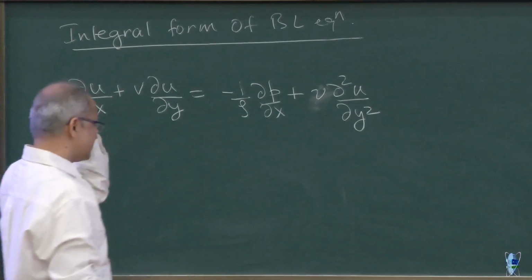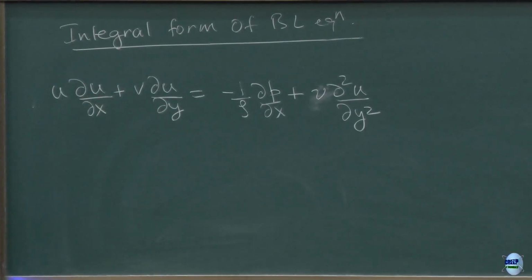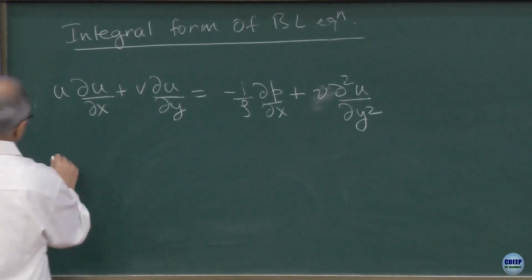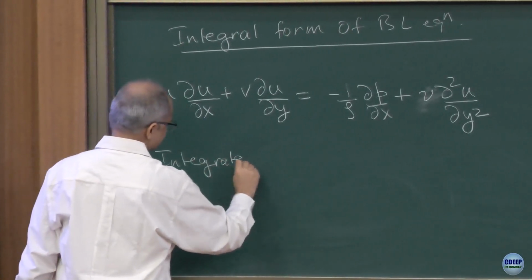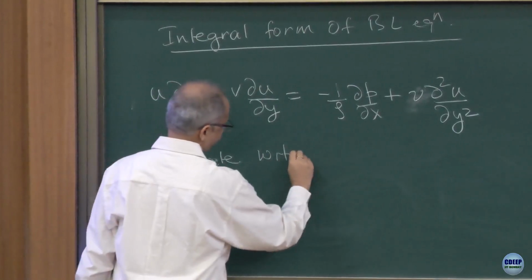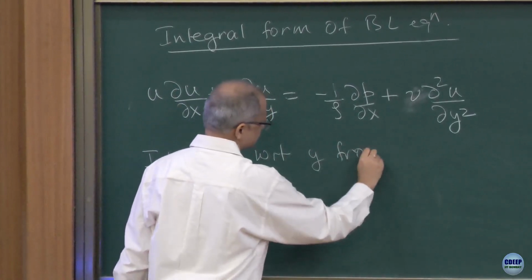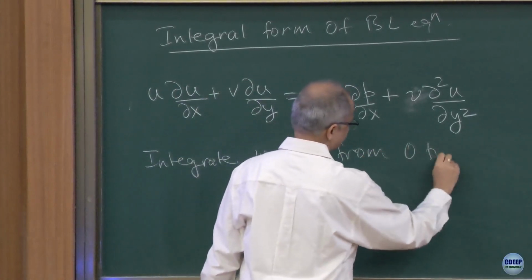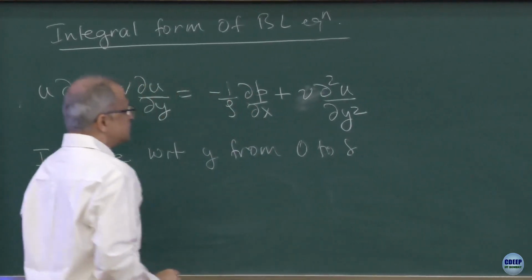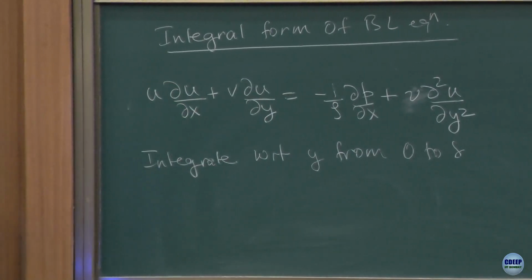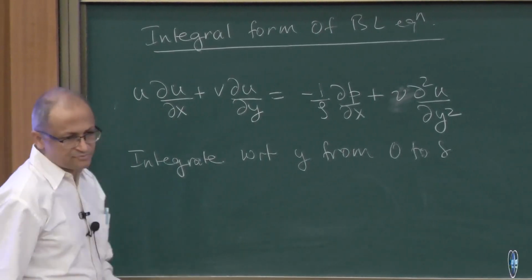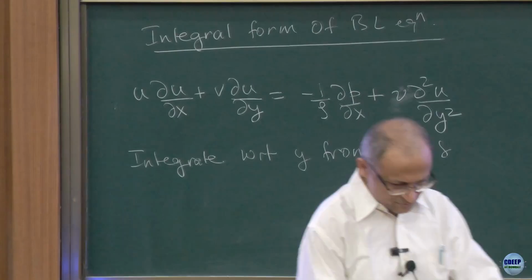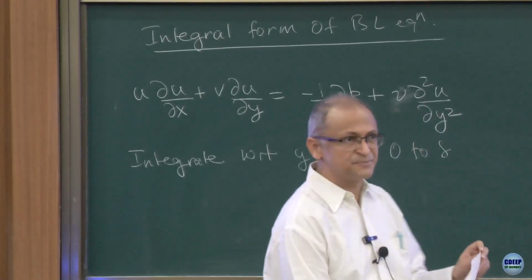So this is our governing equation, and we integrate this equation with respect to y from 0 to delta. Once we do that, we will get an integral form of this equation, which is what we derived in the previous class.